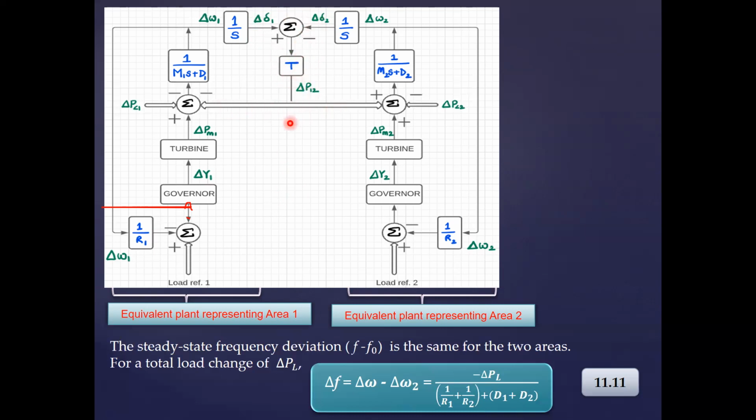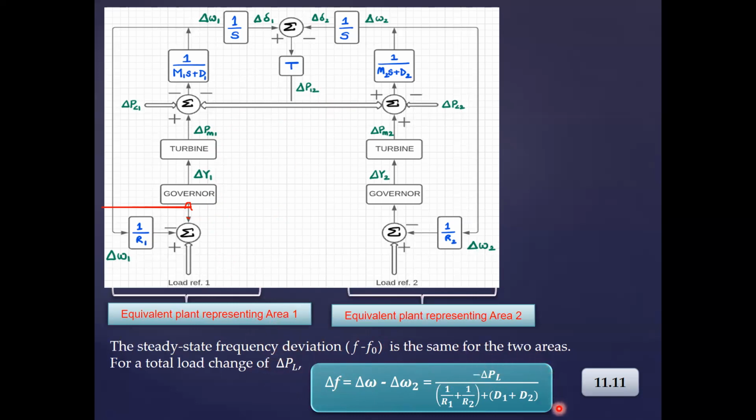So, right, from the steady state frequency deviation, since the system is interconnected, we write it this way. It should be the same for the two areas. And then if you have a load change, what will be the deviation in the frequency? We can write it this way.